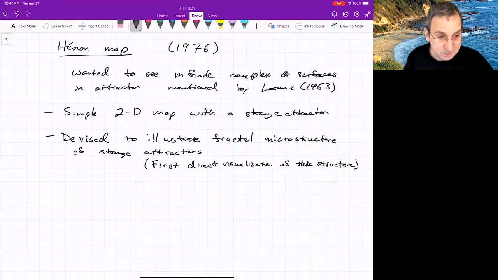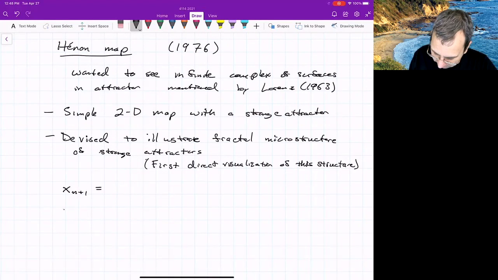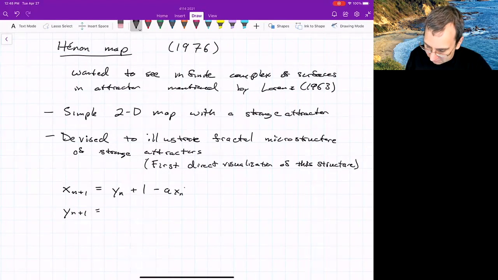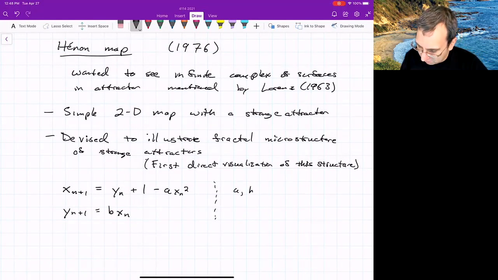So here's the map. It's 2-dimensional, so there's going to be an x and a y. So we can write it this way: x_{n+1} = y_n + 1 - a x_n^2, and y_{n+1} = b x_n, where a and b are adjustable parameters.